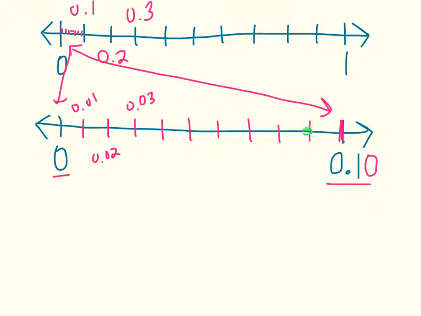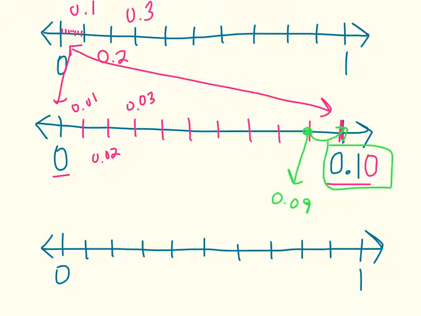When I get to the tick mark right before the end, this would be 9/100ths. And I know that's representative of 9 pennies, and if I were to go one more space, that would be 10 pennies, or 10 hundredths. And I know 10 hundredths is equal to 1/10.